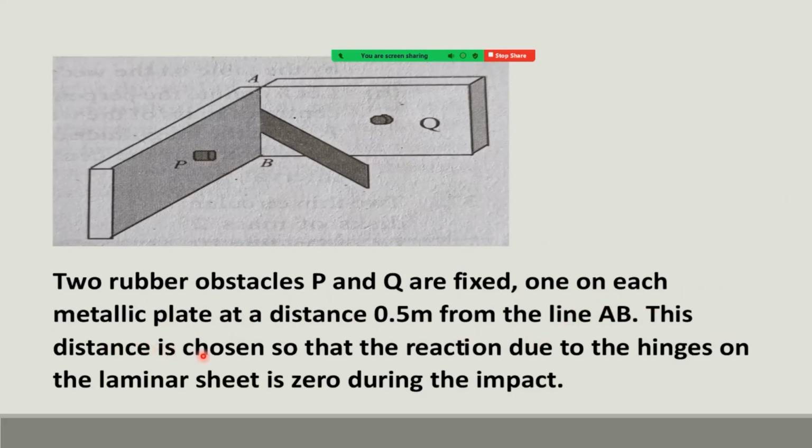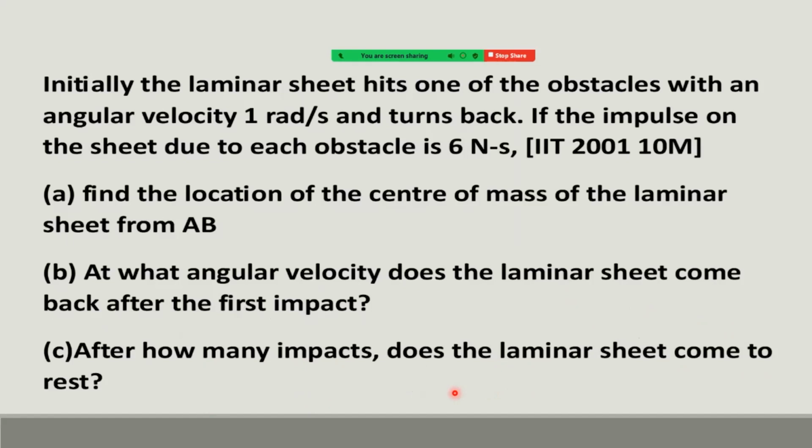This distance is chosen so that the reaction due to the hinges on the laminar sheet is zero during the impact. Initially, the laminar sheet hits one of the obstacles with an angular velocity 1 radian per second and turns back.